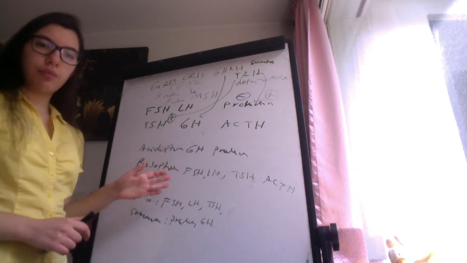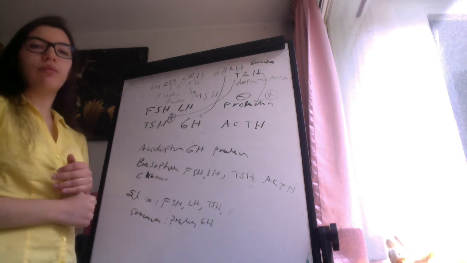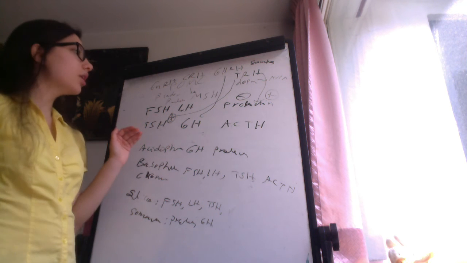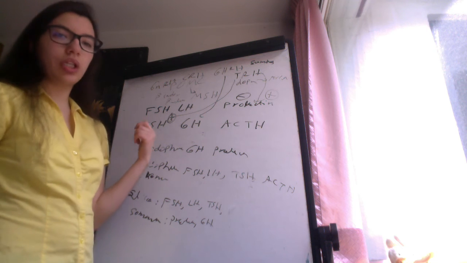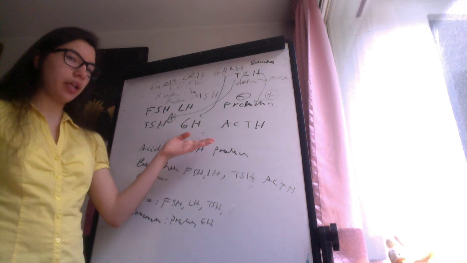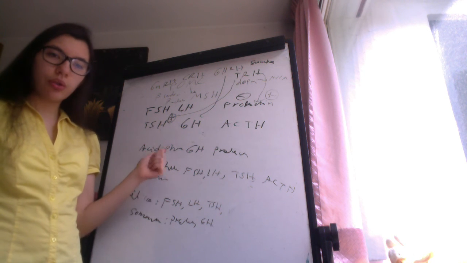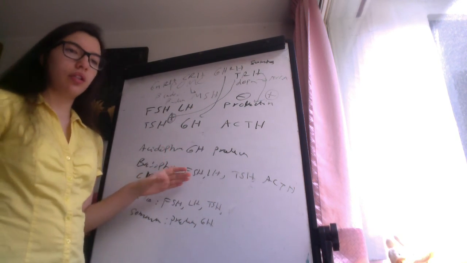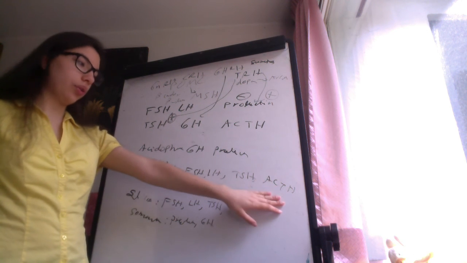In the next video, we're going to talk about the posterior pituitary and the difference and all that, and maybe a little bit about the nucleus of these cells. Here, just remember that acidophils contain growth hormone and prolactin, so they contain the somatotrophs and lactotrophs. The basophils contain the gonadotrophs, the thyrotrophs, and the corticotrophs.